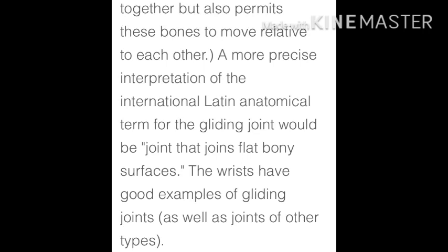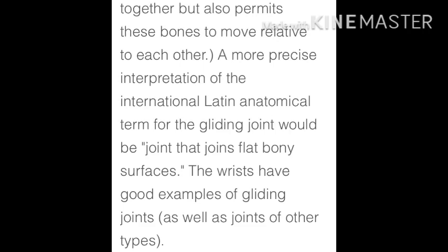A more precise interpretation of the international Latin anatomical term for gliding joints would be the joint that joins flat bony surfaces. The wrist is a good example of a gliding joint as well as joints of other types.